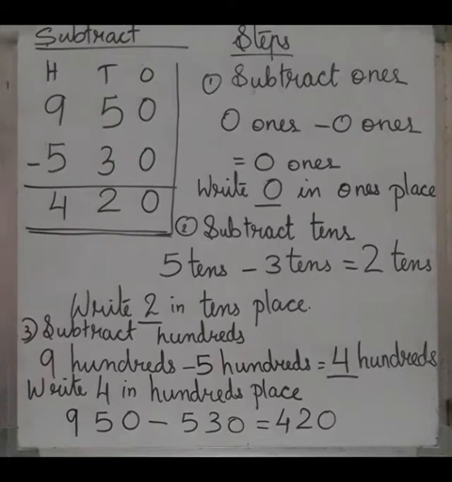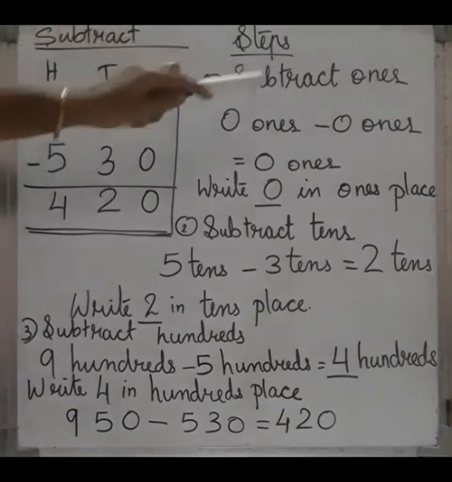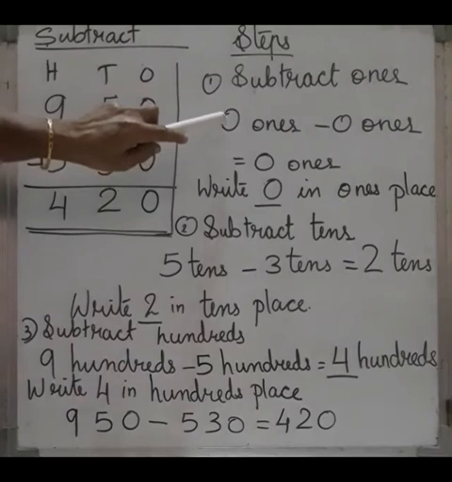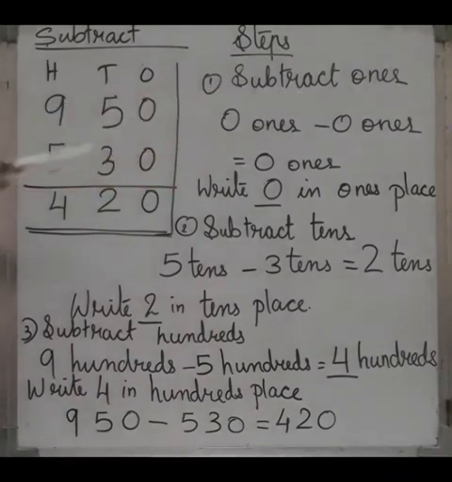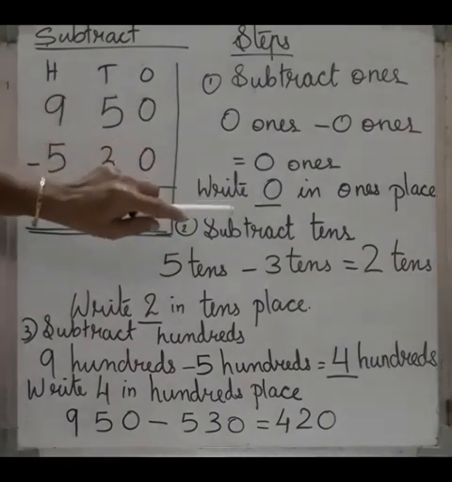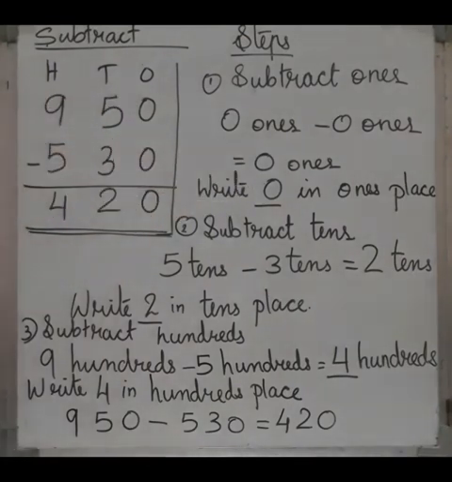When 0 subtract from 0, we will get the answer 0. Subtract ones, that is 0 ones and 0 ones. We will get 0 only. So 0 minus 0, the answer is 0. That 0 you write in ones place. Okay.